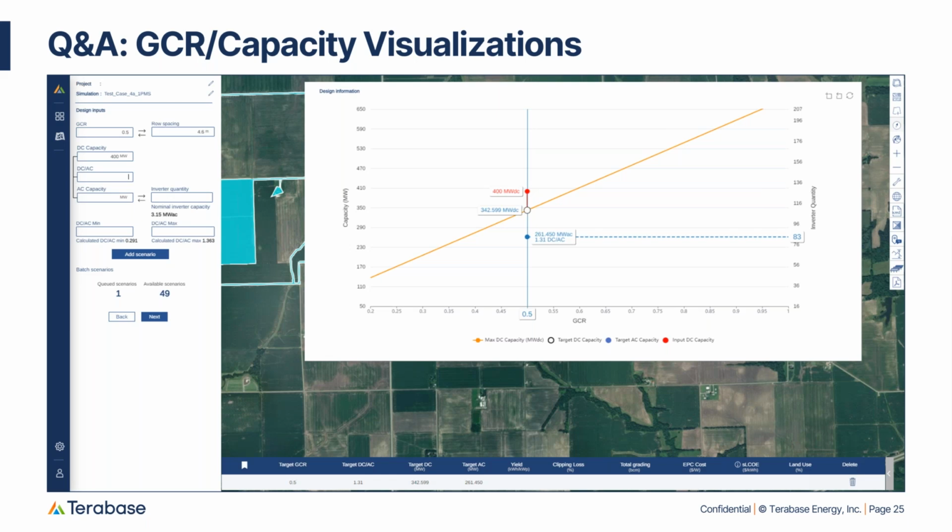You can change the shape of the block based on saying I want this many trackers on the north side of the block, the north side of the road, and this many trackers on the south. If you have fewer trackers high, you're going to have a wider, more square block. If you have more trackers high, then you're going to have those skinnier, taller blocks. So you're able to toggle and choose that.